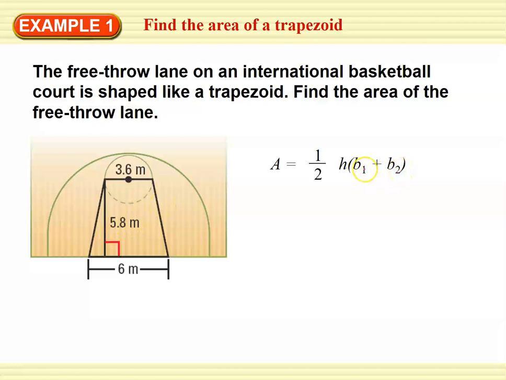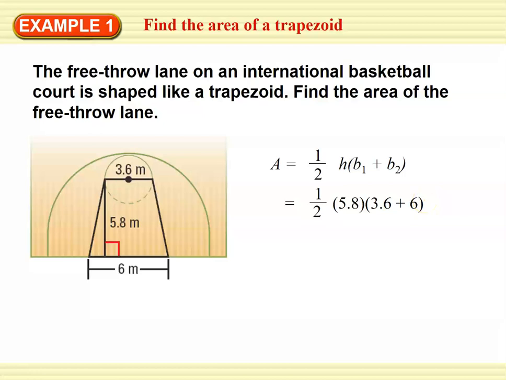Okay, so one base is 3.6 and one base is 6. So we plug all that stuff in. We get half of 5.8, which is your height, and then 3.6 plus 6. So first thing you do is you add the 3.6 and the 6 and get 9.6.